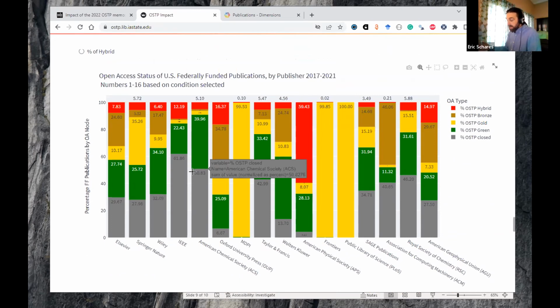And so these publishers may be more vulnerable to the change in policies, making their previously paywalled content now publicly and openly available immediately upon acceptance. Pure gold publishers such as MDPI, Frontiers, PLOS appear strikingly as pure yellow, and these could presumably operate in the same way that they do today once the OSTP memo takes effect.